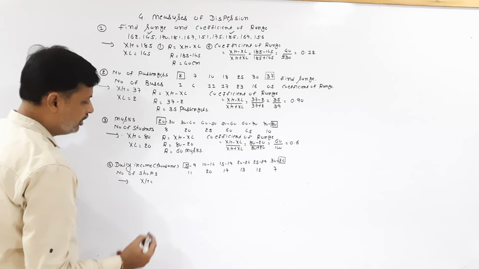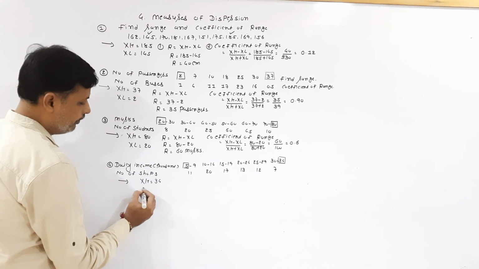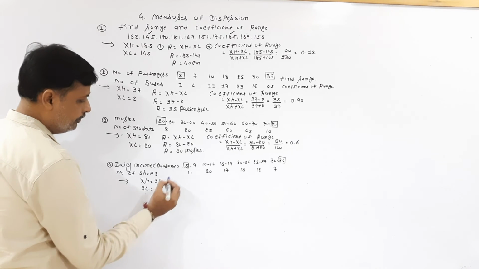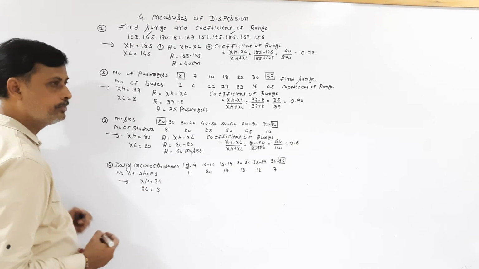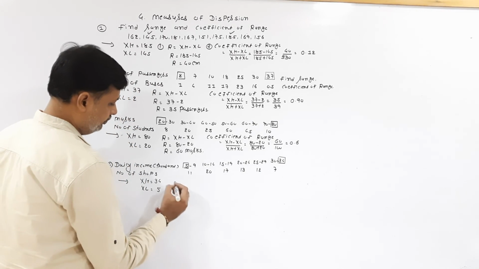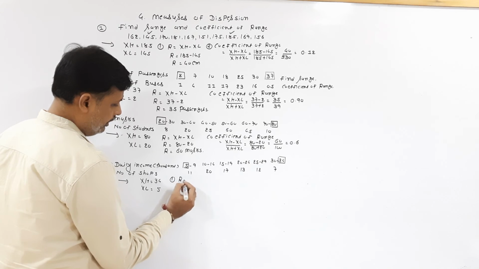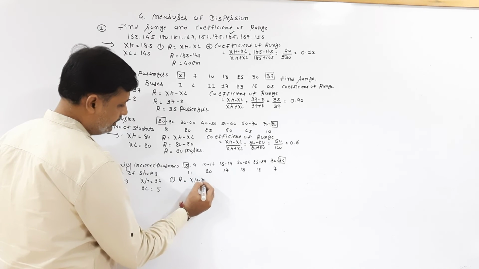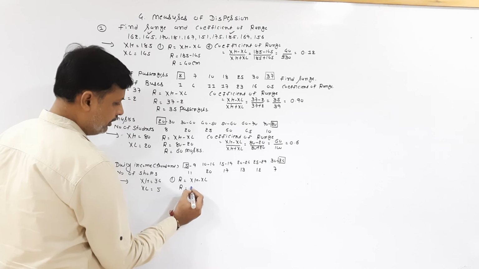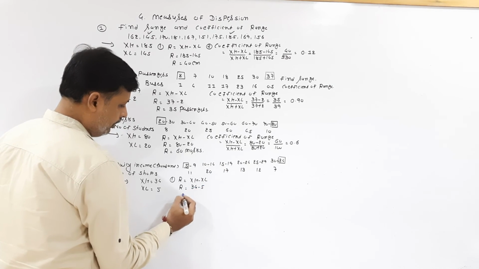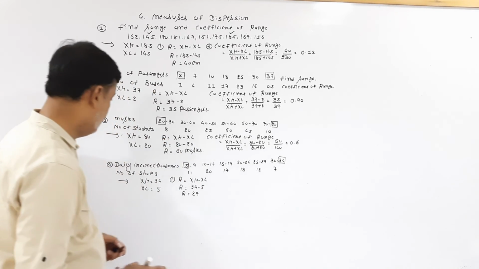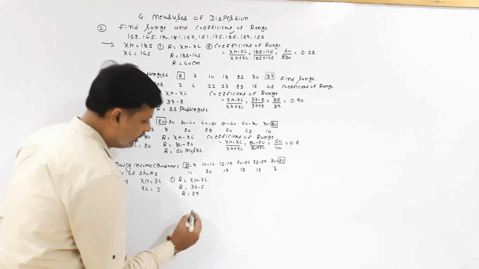Now range is required. R is equal to XH minus XL. So highest 34 minus 5, that is 29, and this daily income is given in 1000.